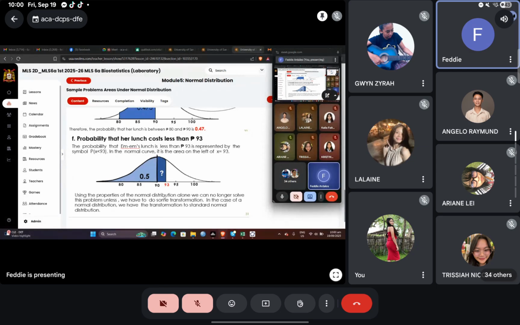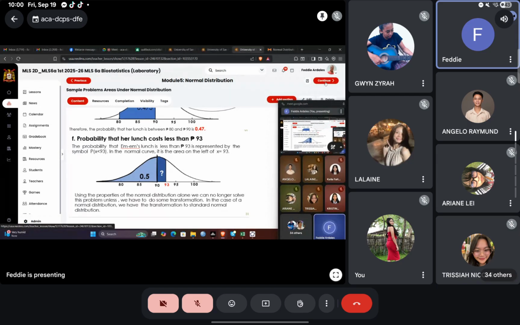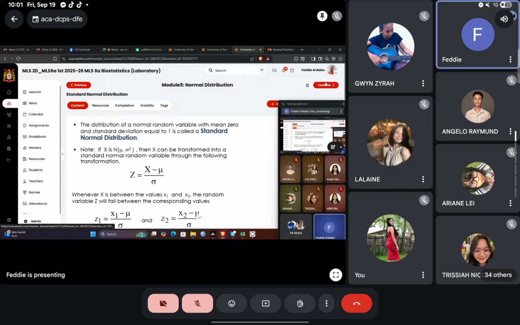standard normal distribution. If the data does not fall within the empirical rule, we can transform it into the standard normal distribution, and that is in the next presentation here. So this is the standard normal distribution.